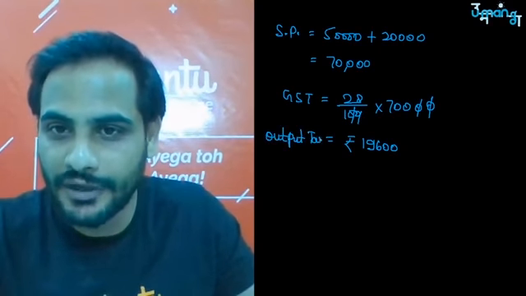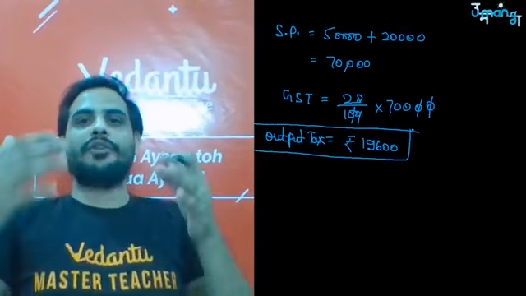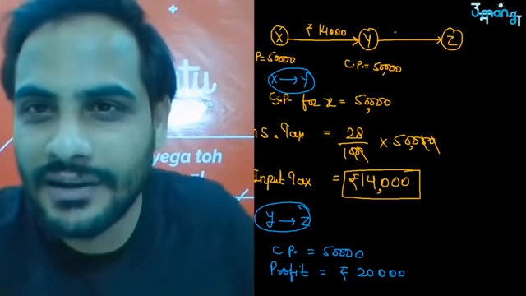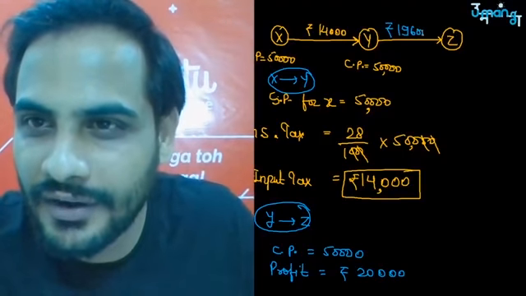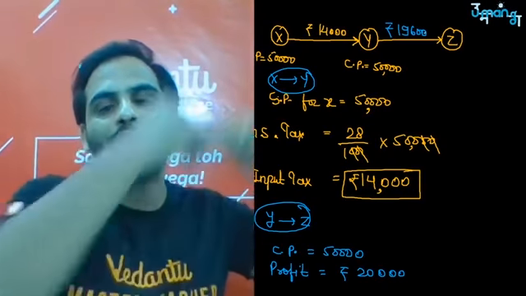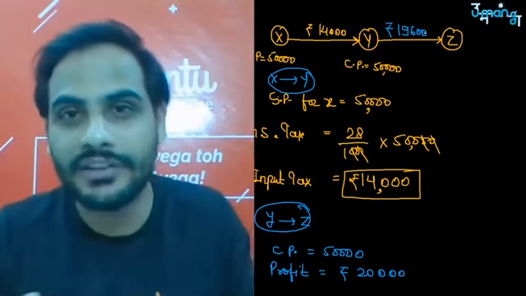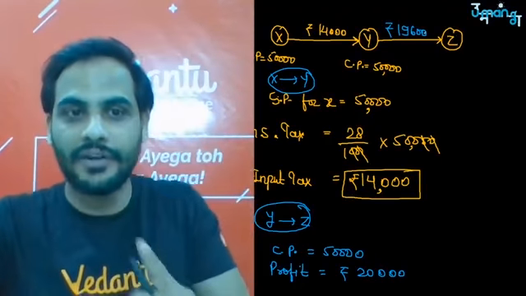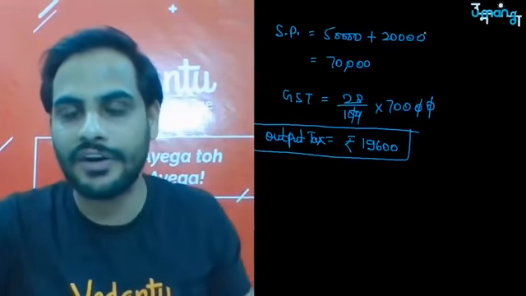So now this will be the output tax, because this much tax Y has got it from Z. Y has got rupees 19,600 as the tax. Correct? Now Y will not submit this total 19,600 to the government because Y has already paid 14,000 as the tax. So I have calculated input tax, I have calculated output tax.